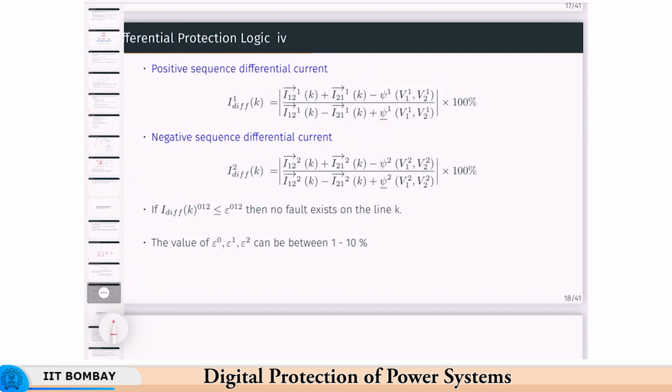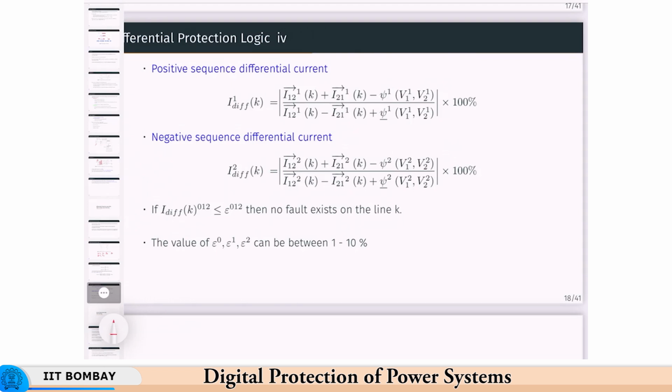Okay. So, if the differential currents in the three sequence components, that is the zero sequence, positive sequence and negative sequence differential current, are less than a certain threshold for each sequence, I mean, you can have different thresholds for different sequences, since the 0 sequence current could be expected to be low.